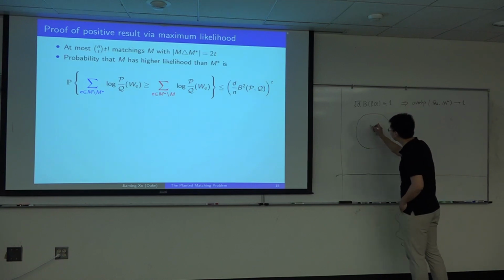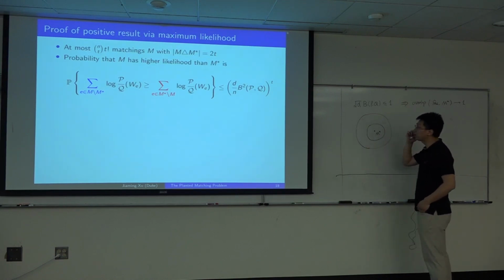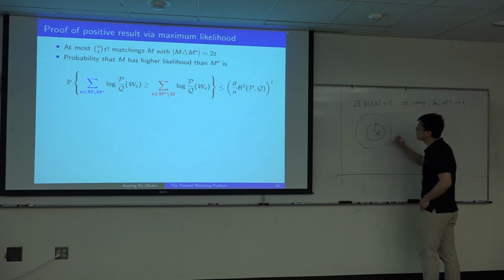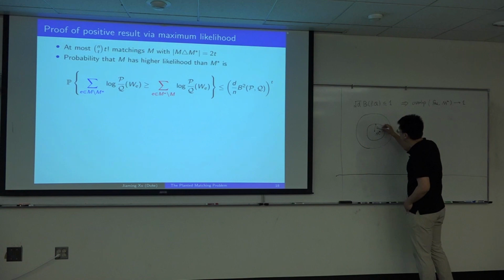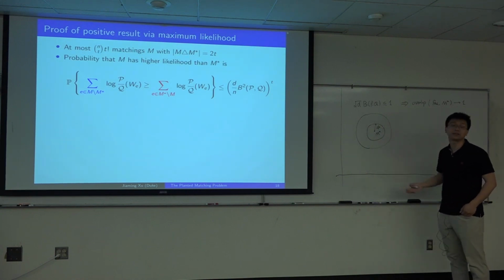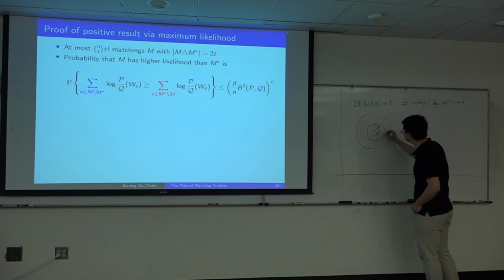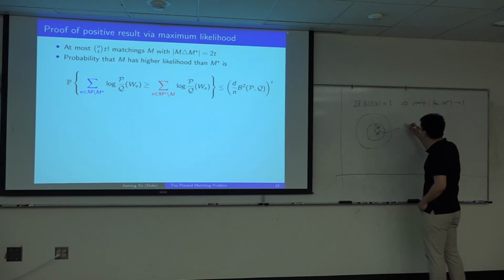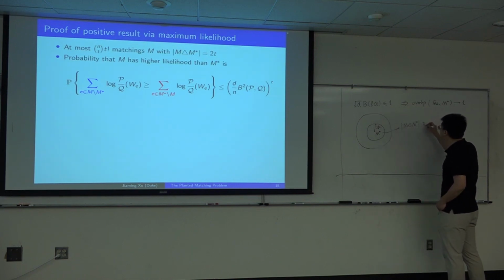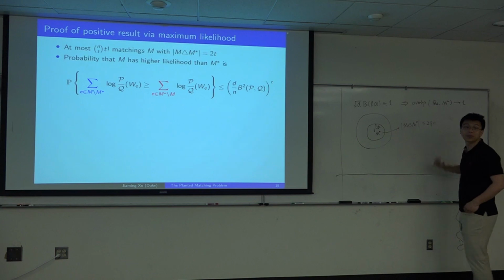Since you want to show the overlap is very close to 1, you can draw a bar of the distance, maybe 2 beta n, in terms of the difference in edges. Here are all the matchings where the cardinality of the symmetric difference is less than or equal to 2 beta times n.